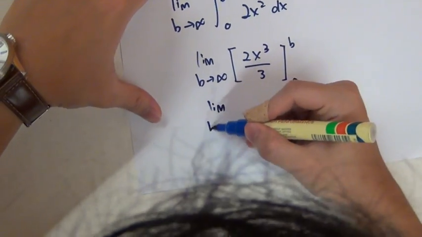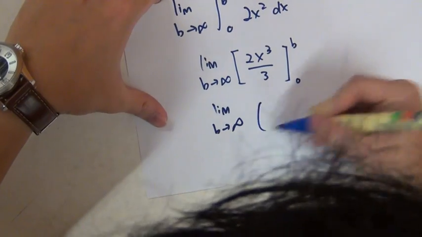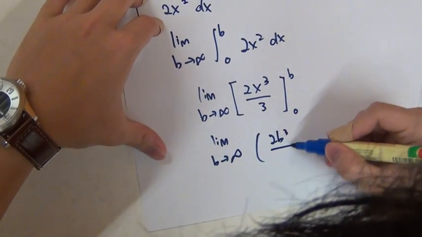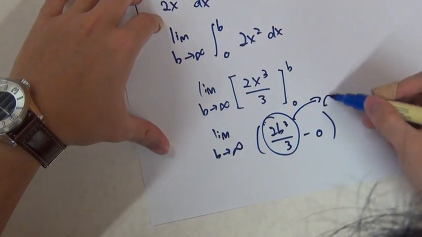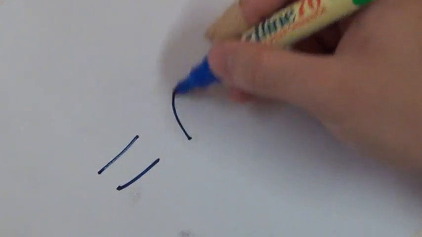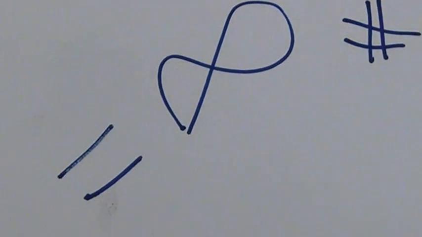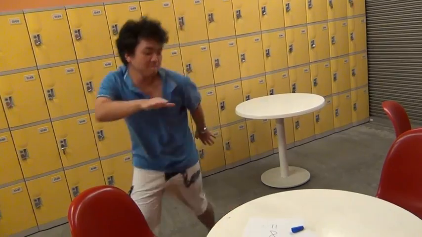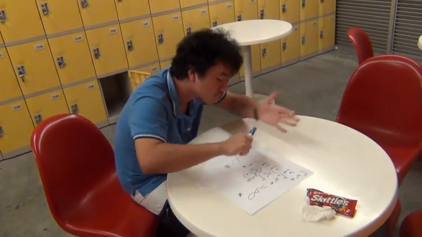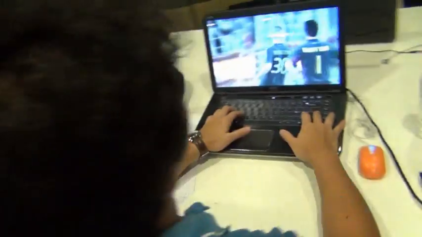Copy the limit again and then substitute b and 0 into the function. Oh yeah, this one equals infinity, and therefore infinity minus 0 equals infinity. Got the answer, time to celebrate, and then play FIFA. Hee hee!